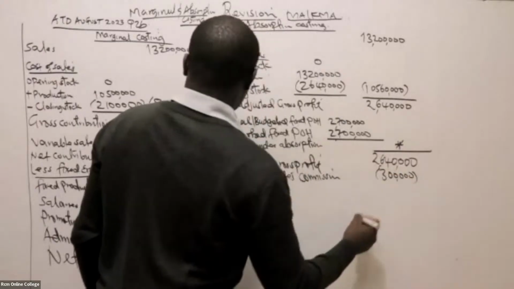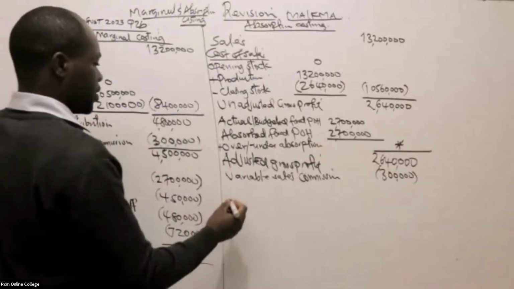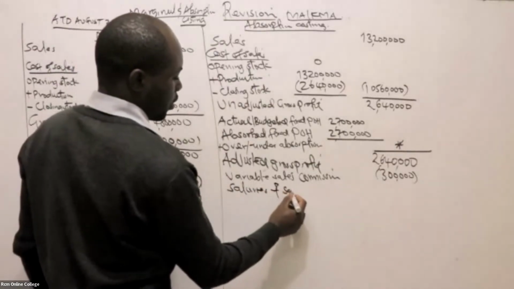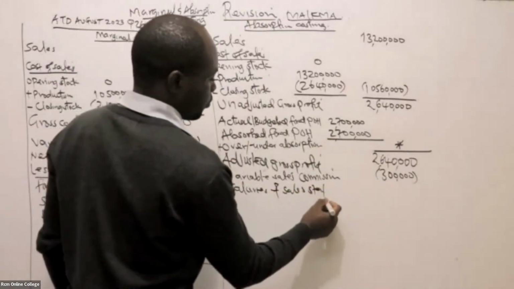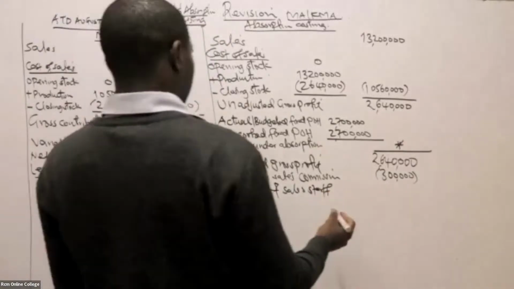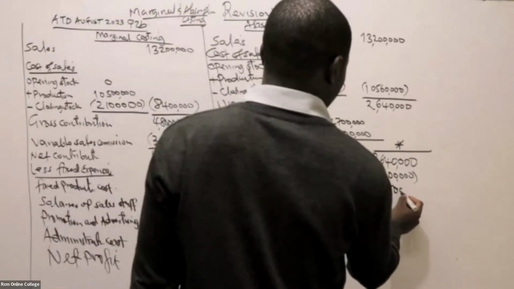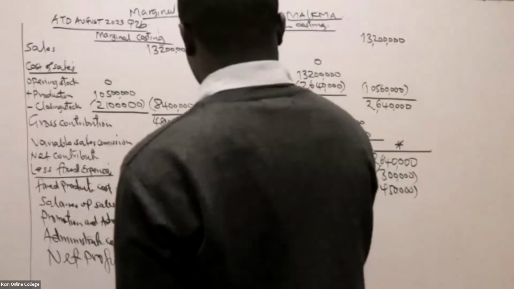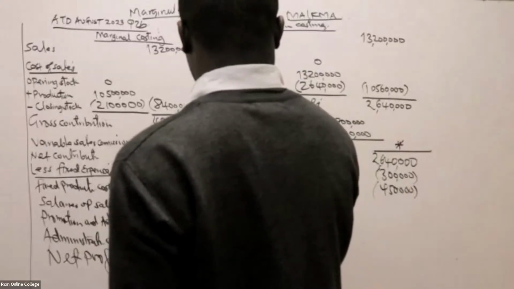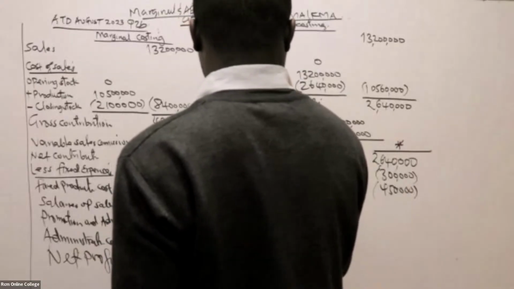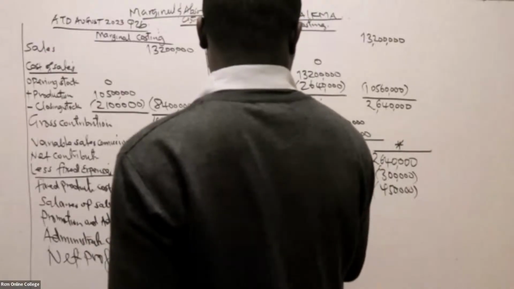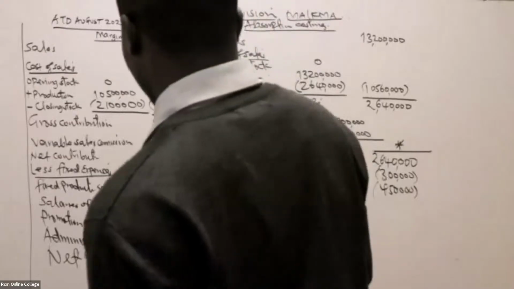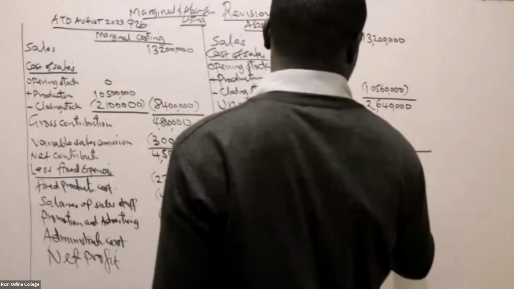Right? Then we go to salaries of sales staff. How much do we have? 450,000. Then we go to promotion and advertising, 80,000.